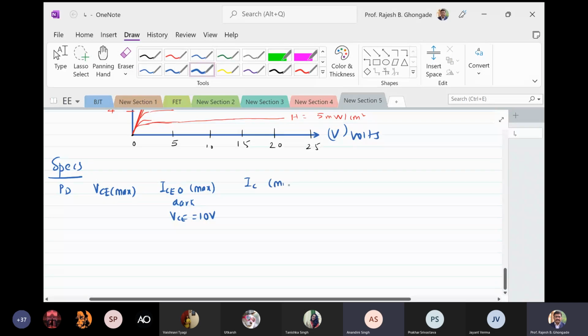IC minimum when VCE is 10 volt, sorry, it's 5 volt, and intensity of light is 5 milliwatt per centimeter square. And the response time, sorry, it's the rise time, then you have the fall time, sensitivity, and wavelength.